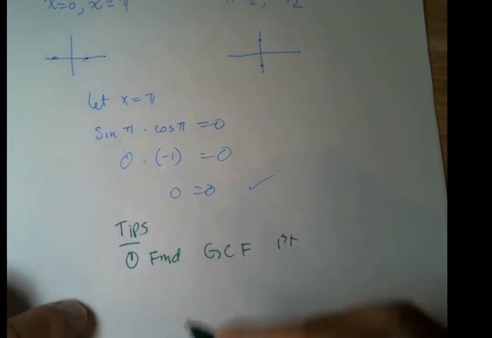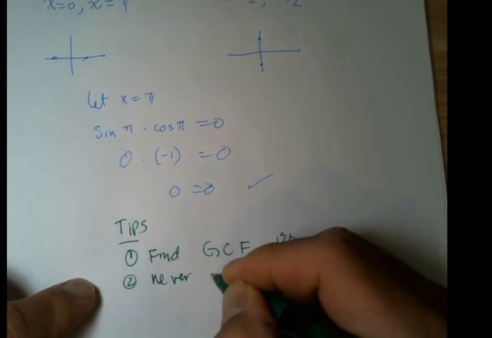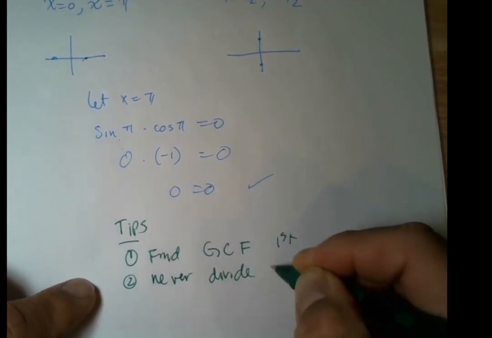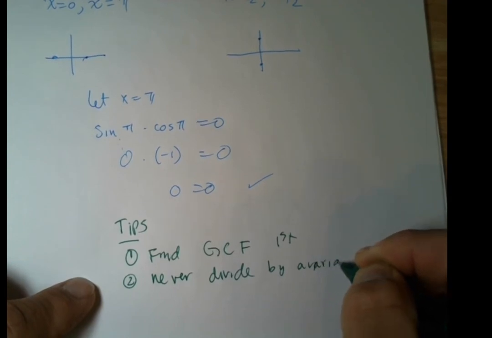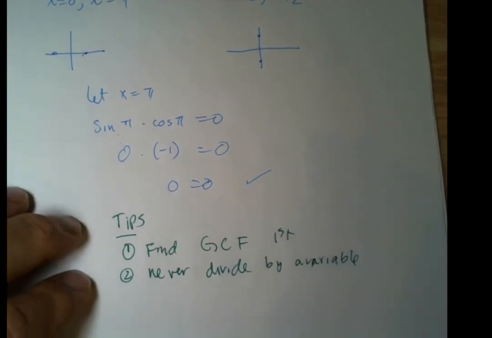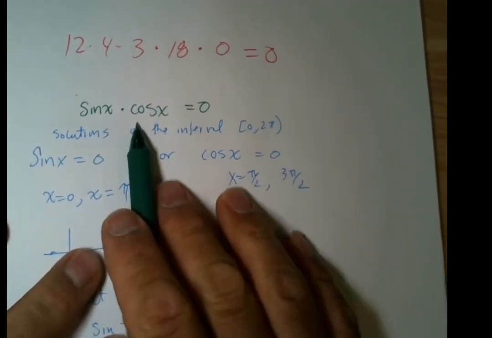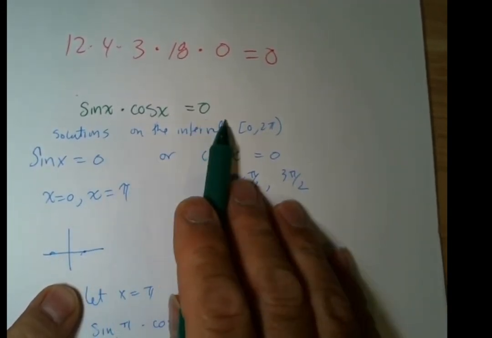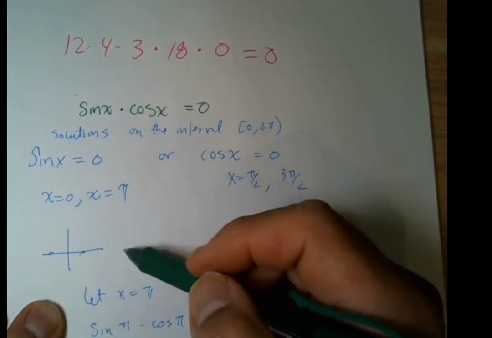Okay. Something else you should do is never divide by a variable. So for instance, when we had this here, what you don't want to do is divide by sine of x, because that would completely eliminate these two solutions.